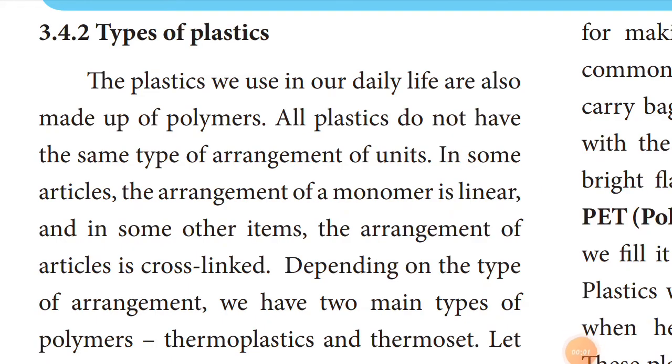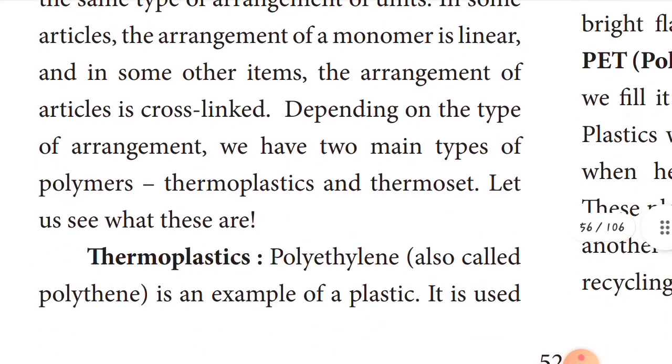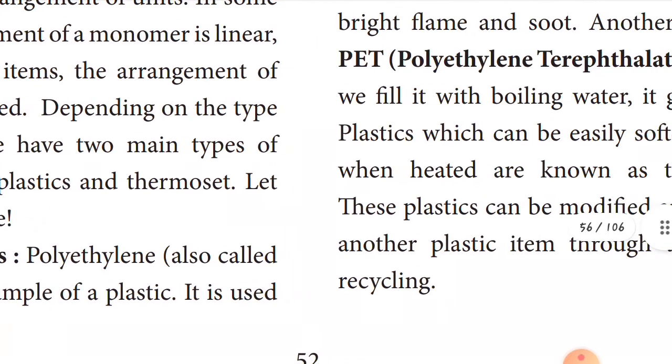Okay, children, now let's see the important topic, types of plastic. There are different types of plastic depending upon the elements of the polymers: thermoplastics and thermosetting plastics, two types. We are using water bottles now, children, PET, polyethylene terephthalate.